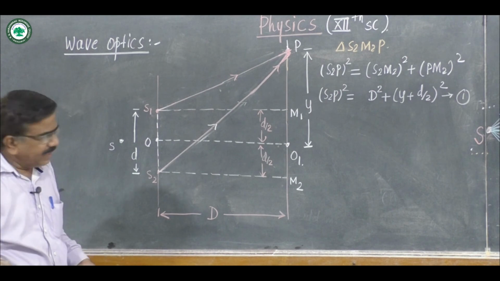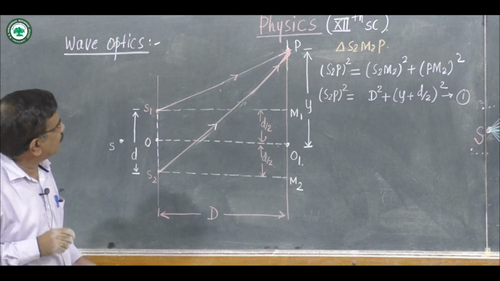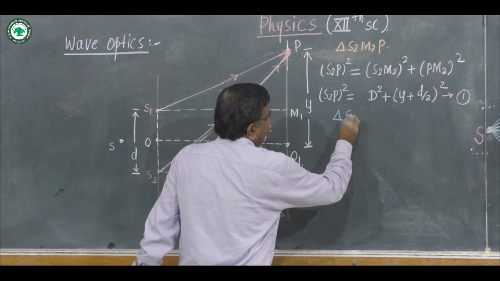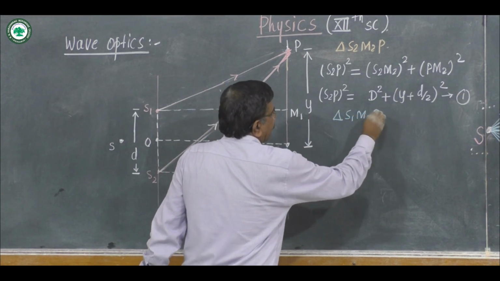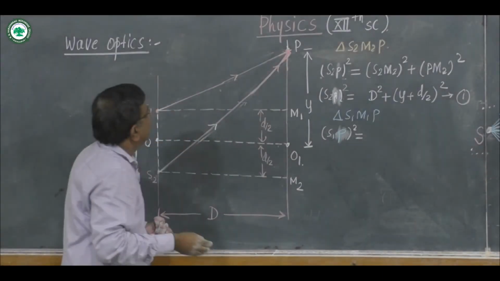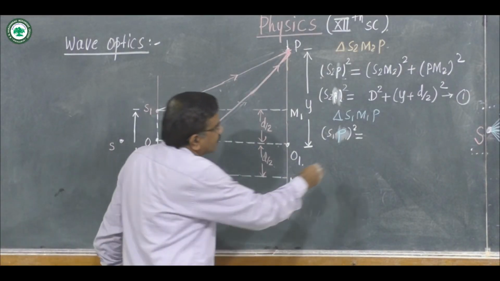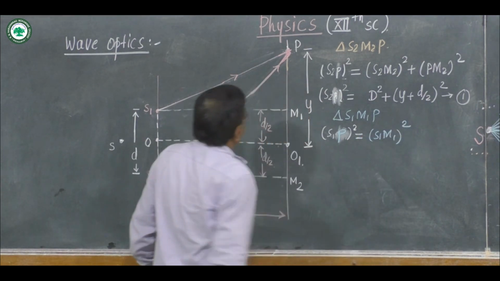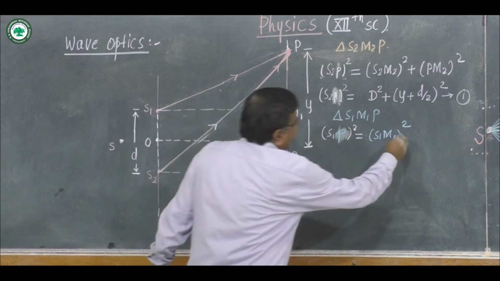Now in triangle S1M1P, by Pythagoras theorem again, S1P square is equal to S1M1 square plus PM1 square.